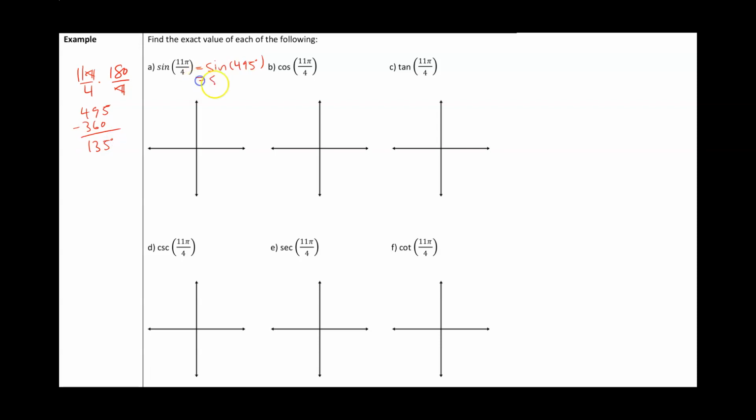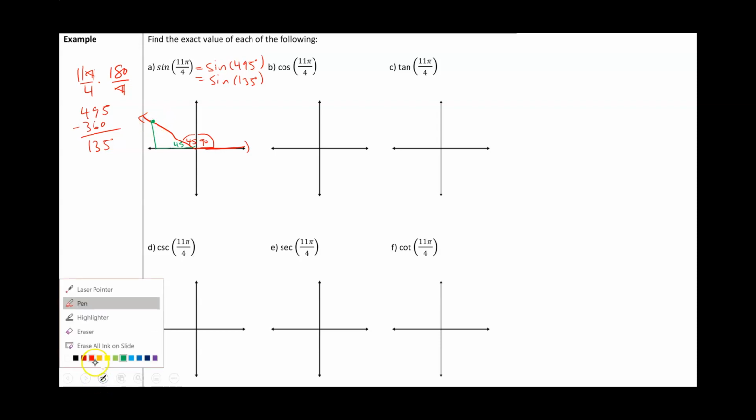So I want to find the sine of 135 degrees. If I sketch 135, this is 0, we have 90, and 90 plus 45 is 135. So this is my angle. I need to find a reference angle for this. So my reference angle theta prime is going to be 45 degrees as well, and this is going to be my reference triangle. I need to find that corresponding point.